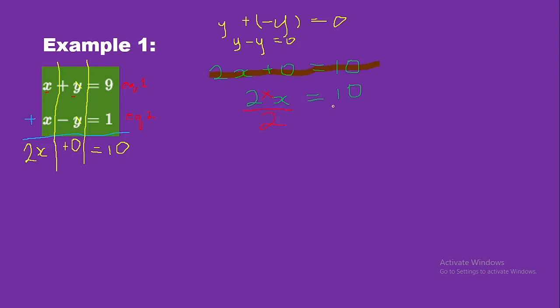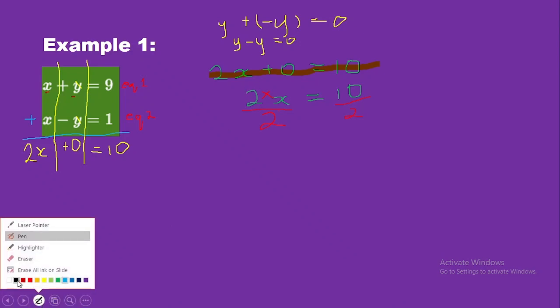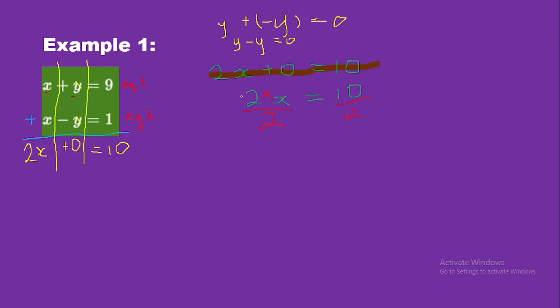So 2 divided by 2 and 10 divided by 2. The 2's will cancel on this side. Let me change it to black.